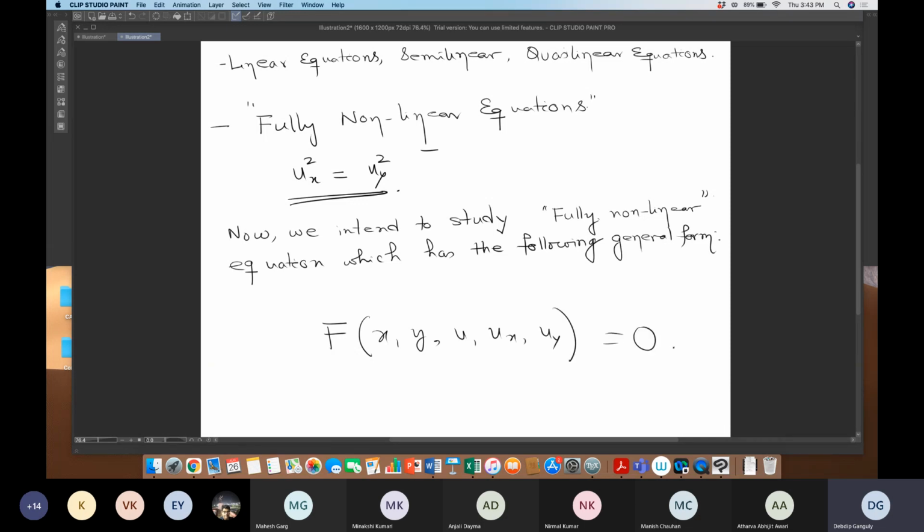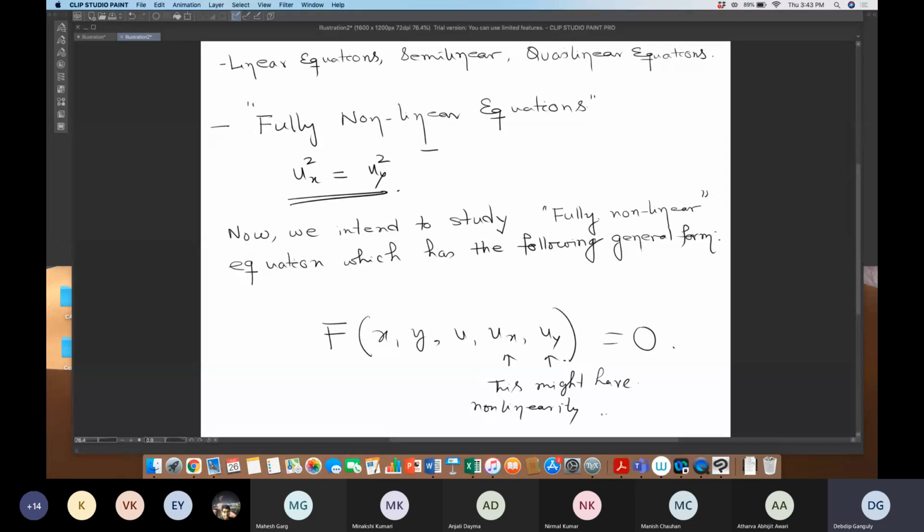It might happen that the equation involving ux and uy has a nonlinearity. The highest order derivative might have a nonlinearity. Then we call it a fully nonlinear equation.